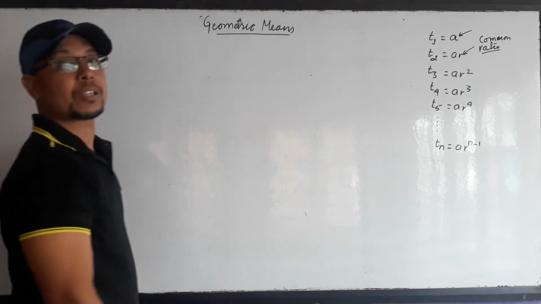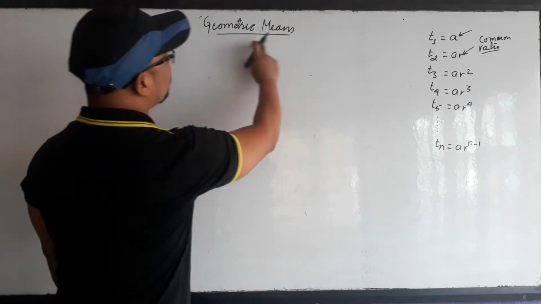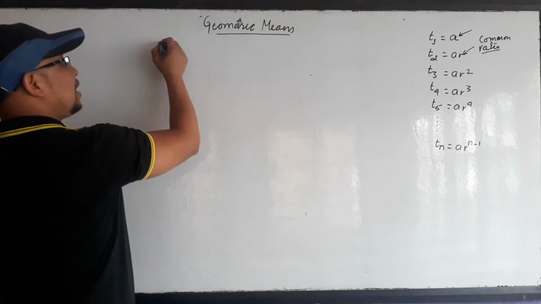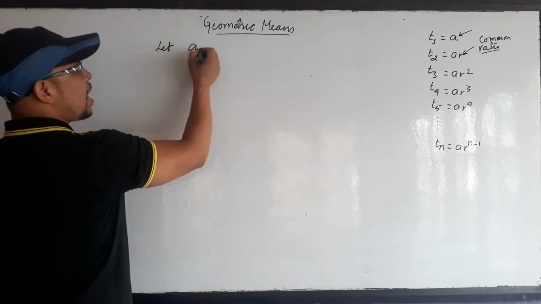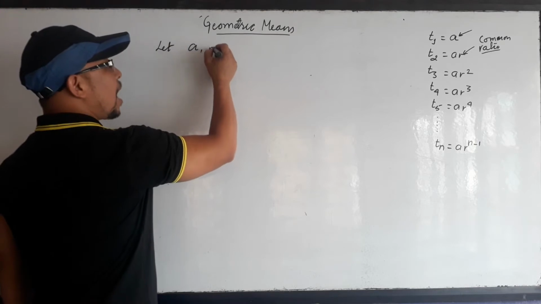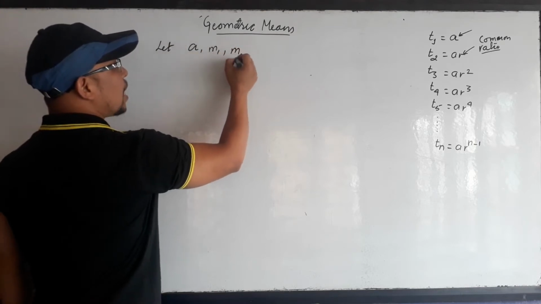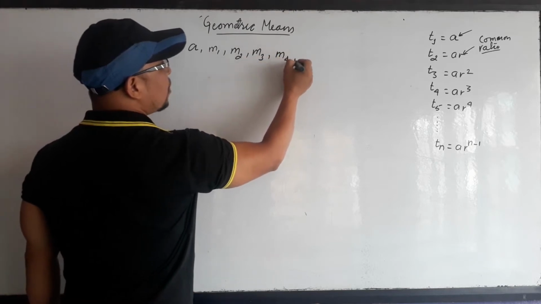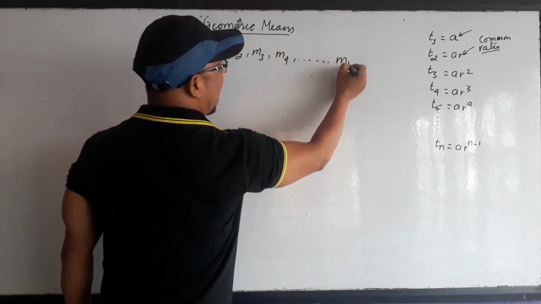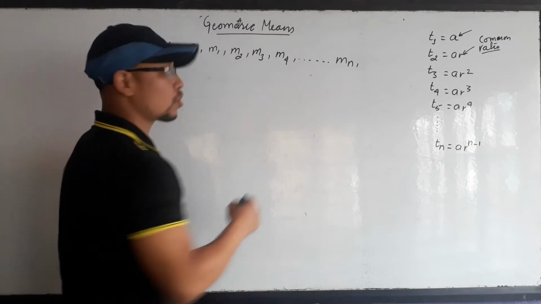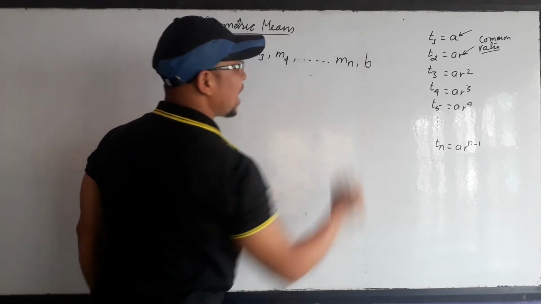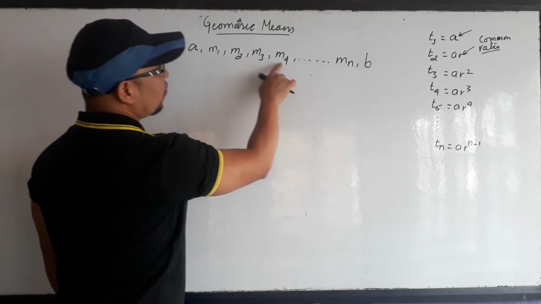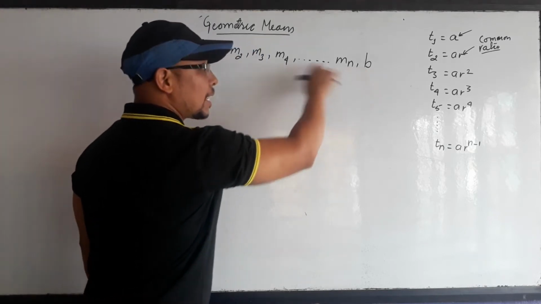But today, as I am going to find the formula for the mean, let A be the first term, M1 the second term, M2 the third term, M3 the fourth term, M4 the fifth term, and so on. N is the second last term and B is the last term.